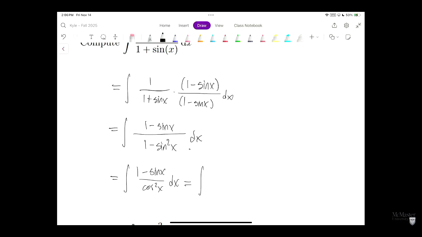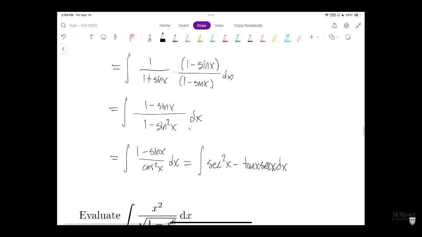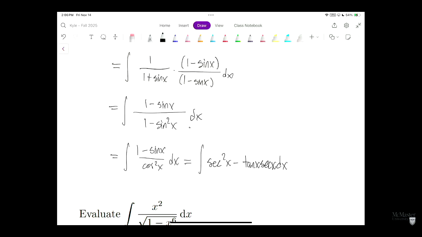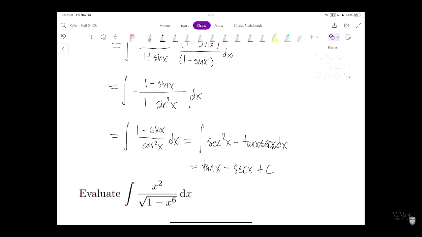Let's separate this into two parts: secant squared of x minus tan x secant of x dx. The integral of secant squared of x is just tangent of x, and the integral of tan x secant of x is just secant of x. And don't forget to add the plus c.